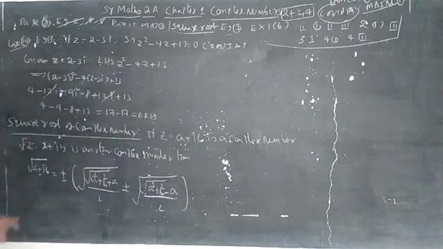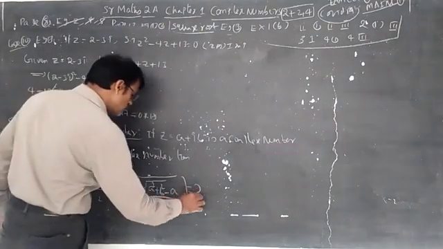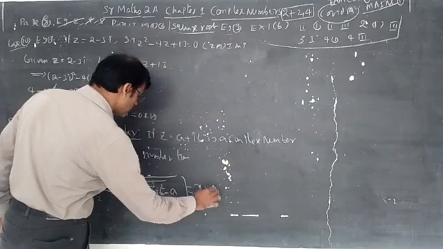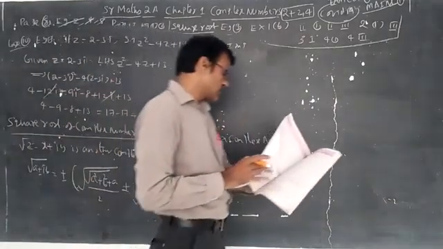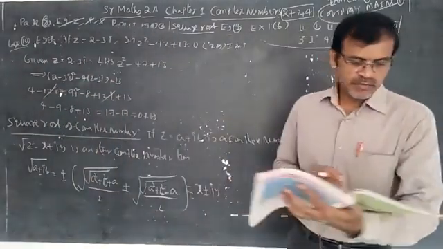Here the sign follows the sign of b: if plus is there, you get plus; if minus is there, you get minus. That's all. The square root of a complex number gives you once again a complex number only.